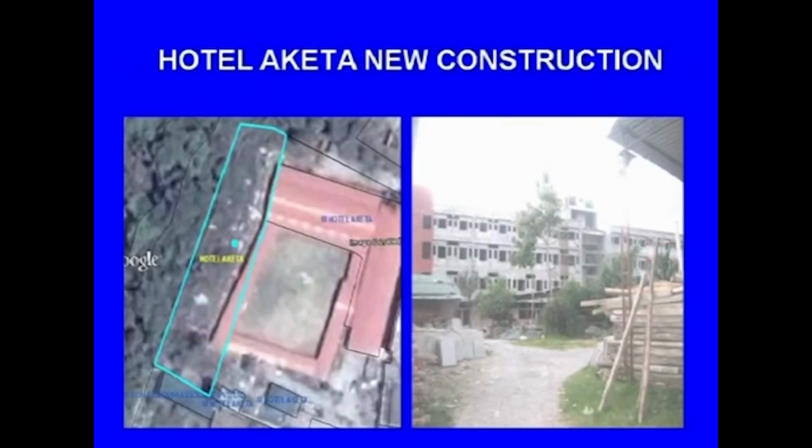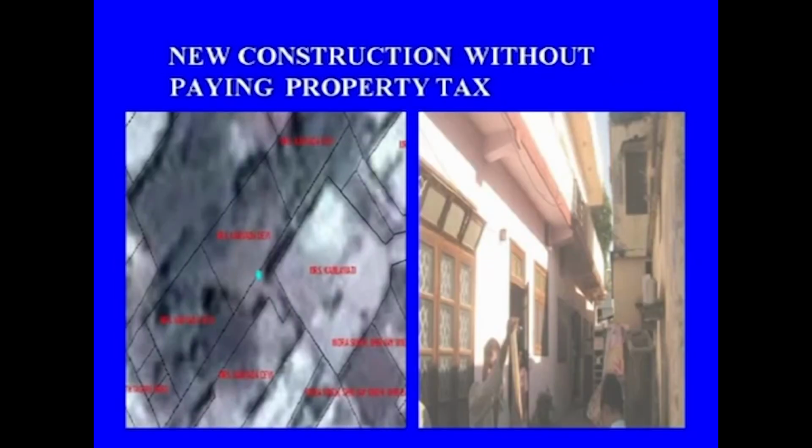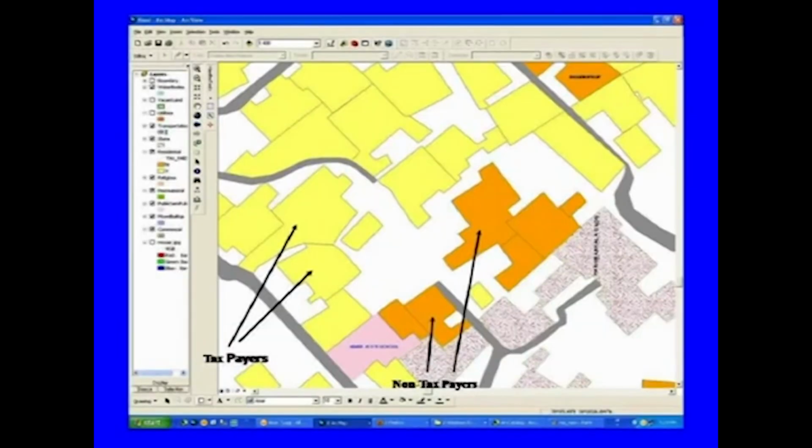Similarly, if we would like to find out who the people are, or from which buildings we are getting money, or who the taxpayers are, it is also possible to provide that sort of information. All those buildings which are shown in light yellow color are the buildings where taxpayers are located, and all those buildings shown as orange are non-taxpayers.